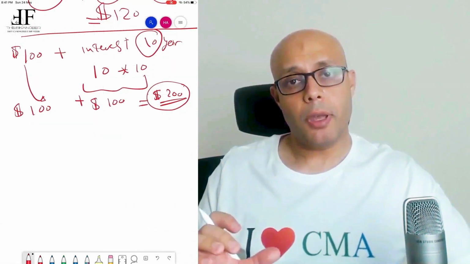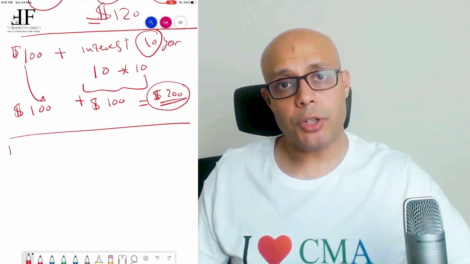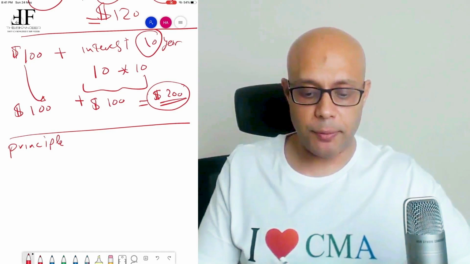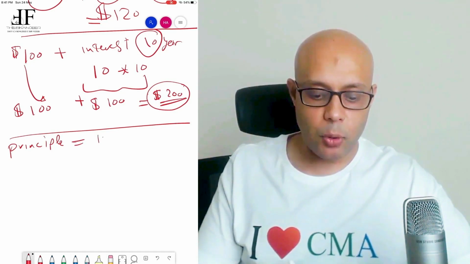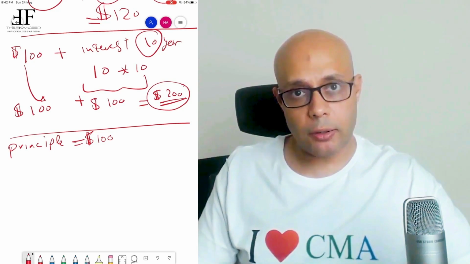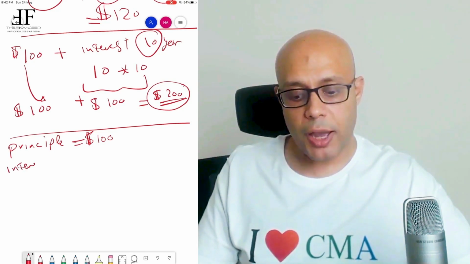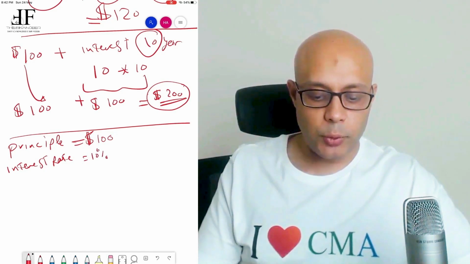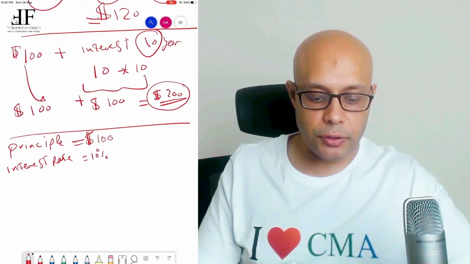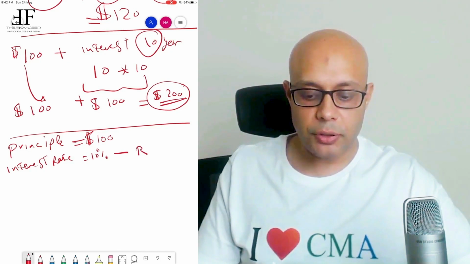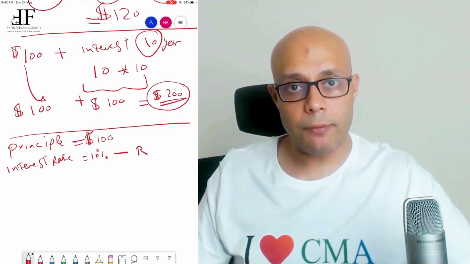Before going to explain the compounding interest calculation, let's review some terms that we have just explained. We explained that we have something called the principal. This is the initial deposited amount in your account, and in our case it was $100. We also explained that we have something called the interest rate, which is the 10% the bank is giving us on our investment.